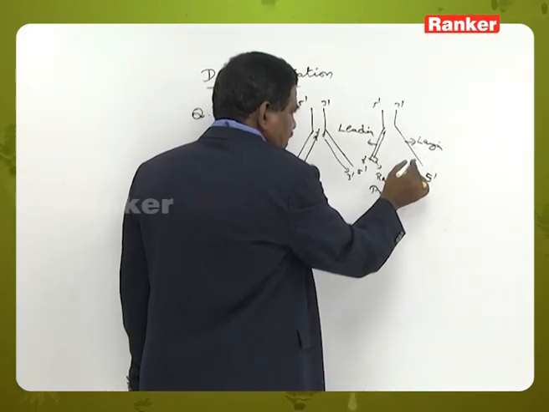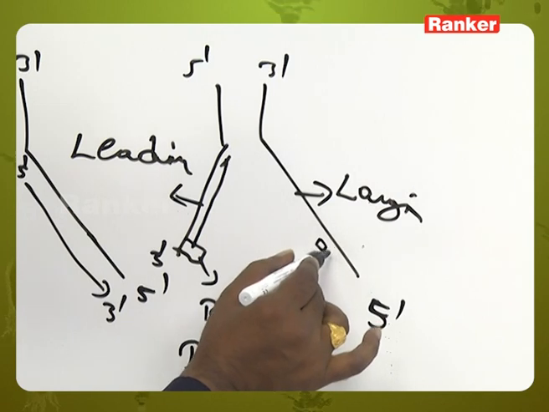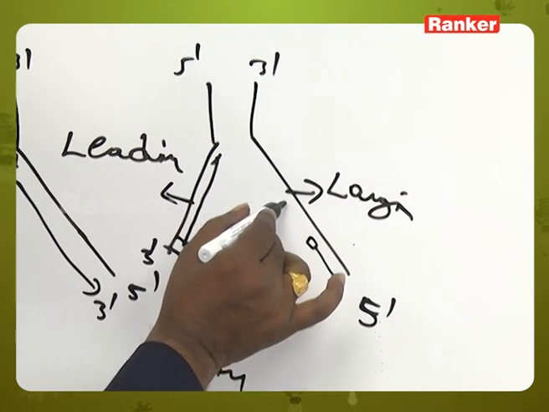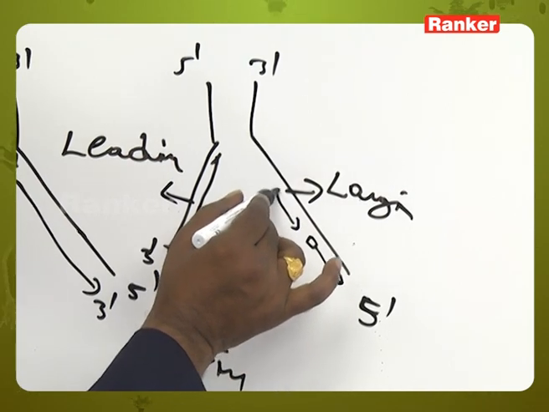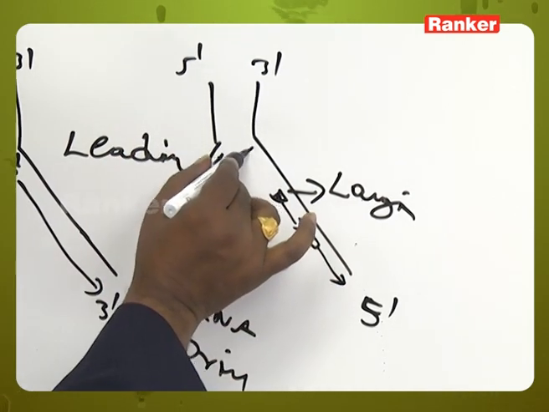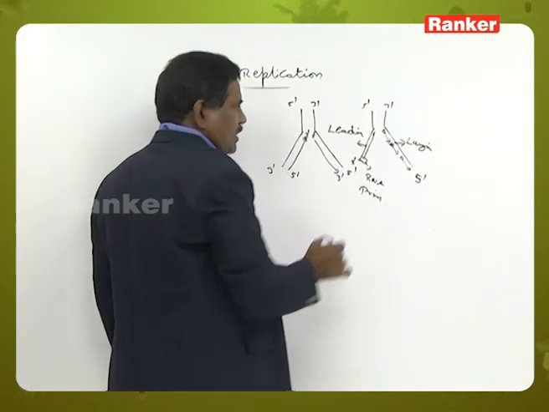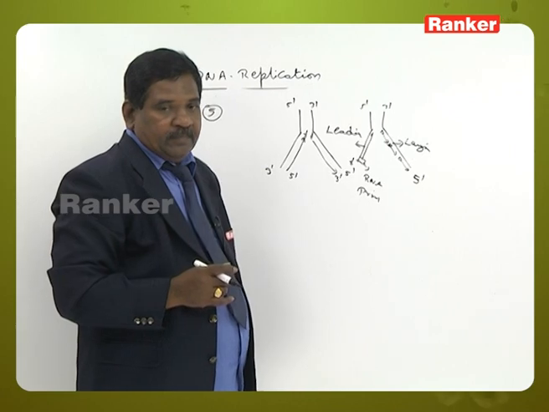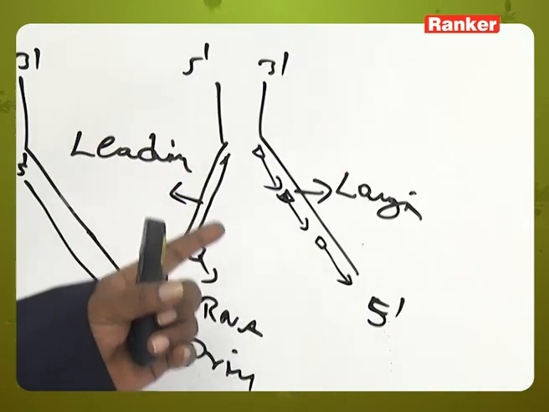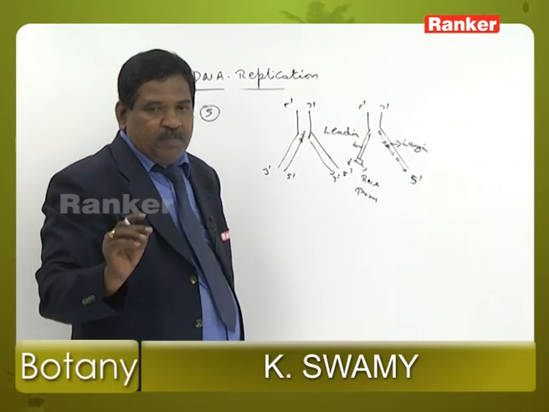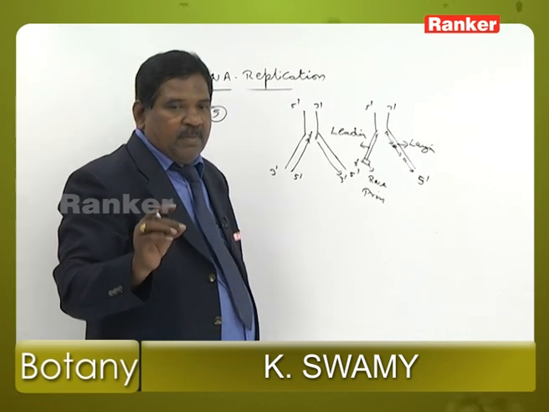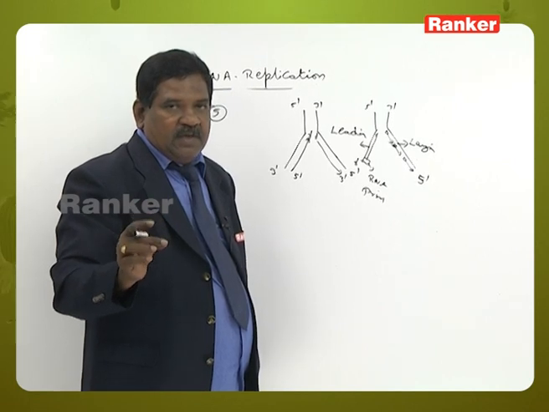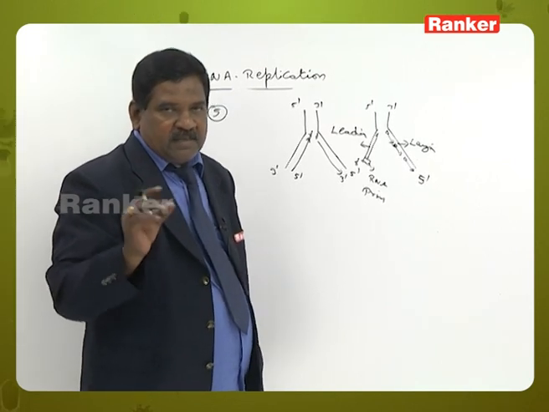But during the formation of the new DNA strand on the lagging strand, each Okazaki fragment requires one anchor. There is one RNA primer. So, when the new DNA strand synthesizes on the 5 to 3 polarity strand, the number of RNA primers or anchors is equal to the number of Okazaki fragments.